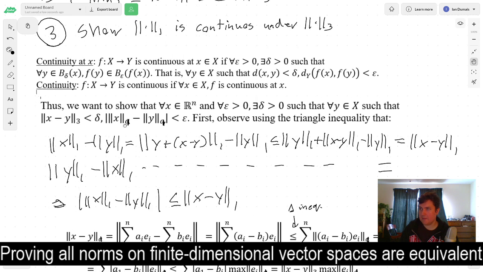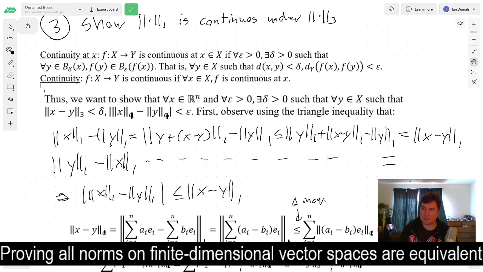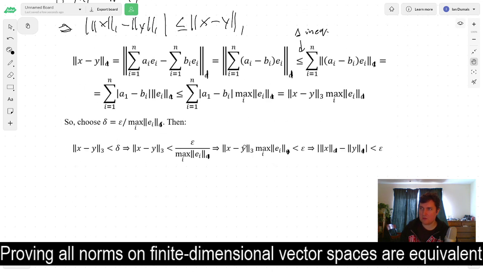We need to assume this. In norm 3, we were using the distances of Rn under norm 3. We want to show that this is true. So we used it to find a good delta. Now we're going to go back. We're just going to assume that our norm 3 distance is less than this delta. We're going to show this result, and we should have engineered it to work.